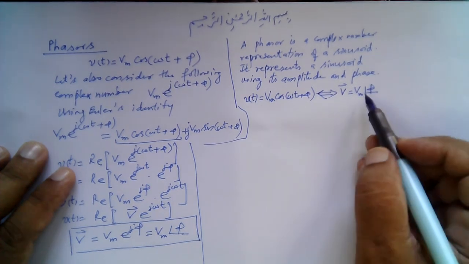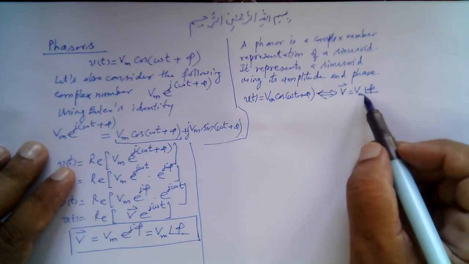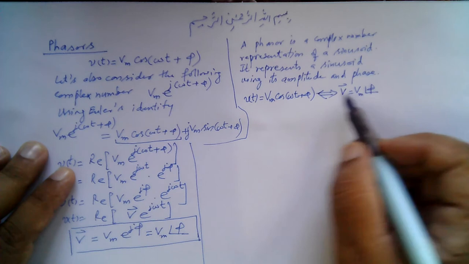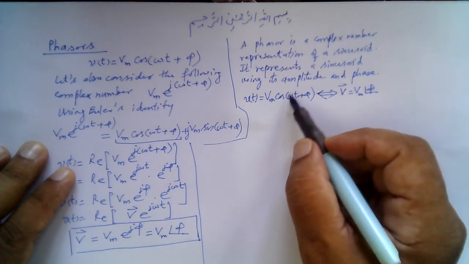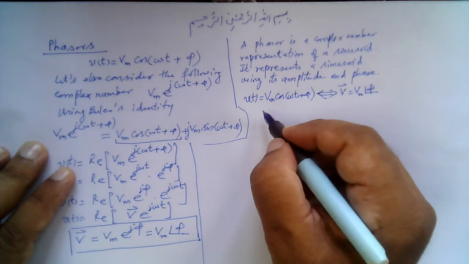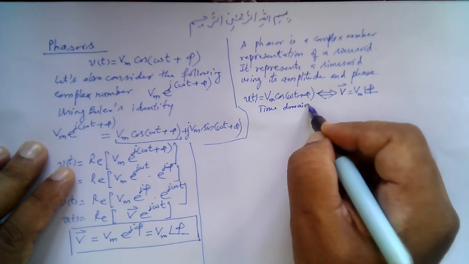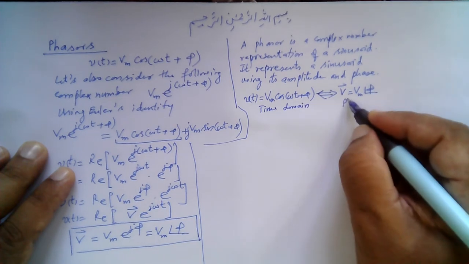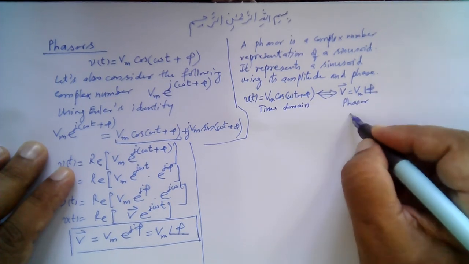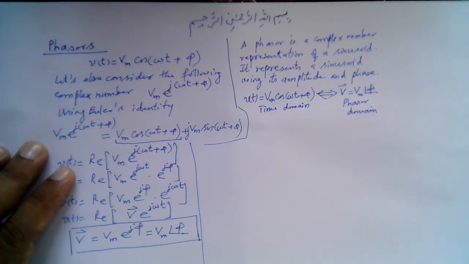And if we are given this phasor in the phasor domain, we take this Vm and put it here, and then we just write down cos(omega t plus phi) like this. So this is the time domain representation, and this is the phasor domain. So this is also called frequency domain.